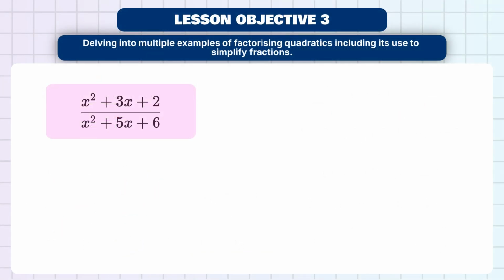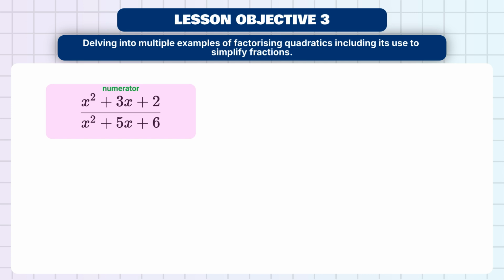Let's now touch on another use of factorizing, which is simplifying fractions involving quadratics. When you have a fraction where both the numerator and the denominator are quadratic expressions, you want to factorize both the numerator and the denominator, then cancel out any common factors. As an example, let's consider the fraction x squared plus 3x plus 2 over x squared plus 5x plus 6.